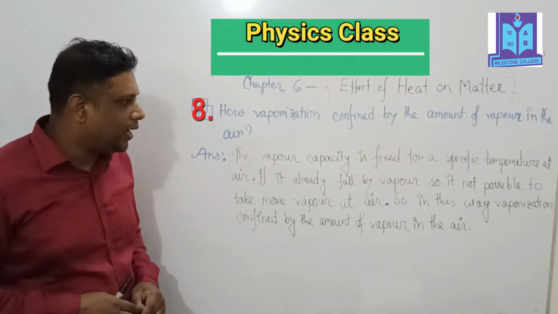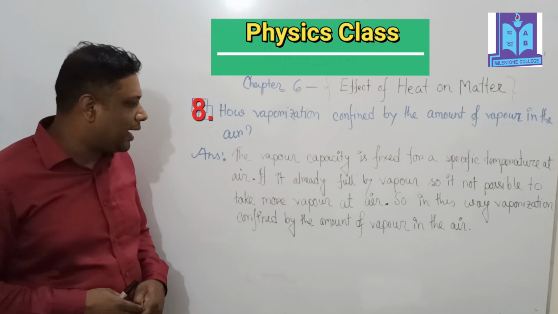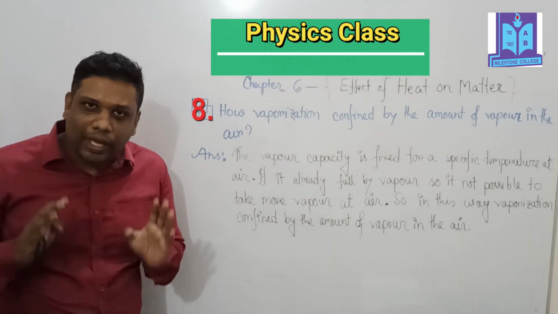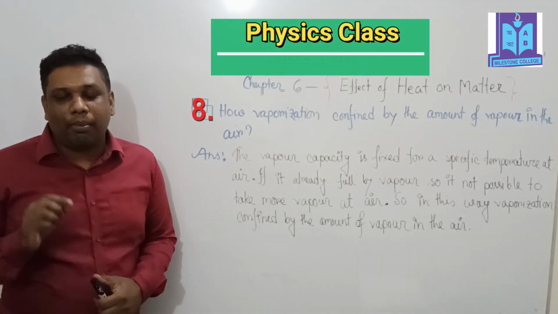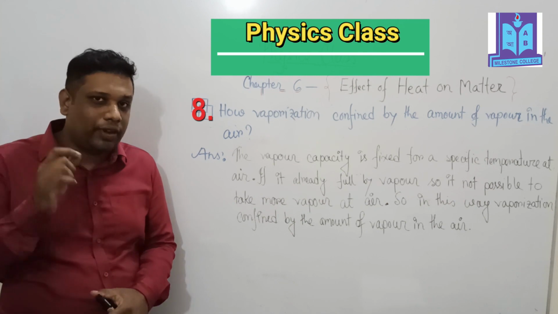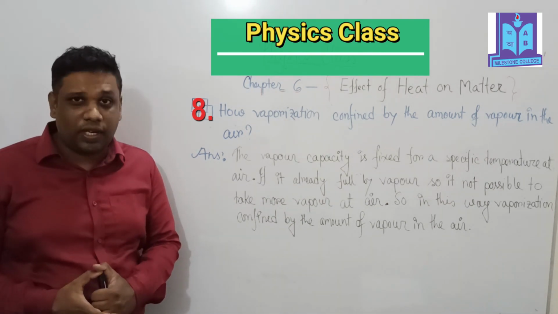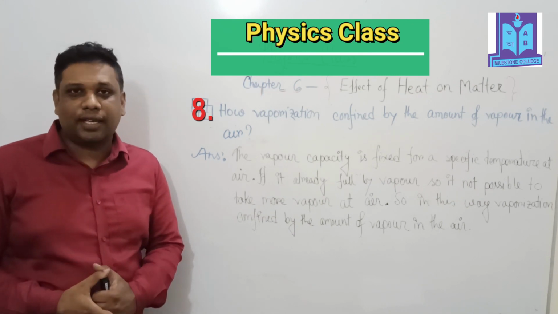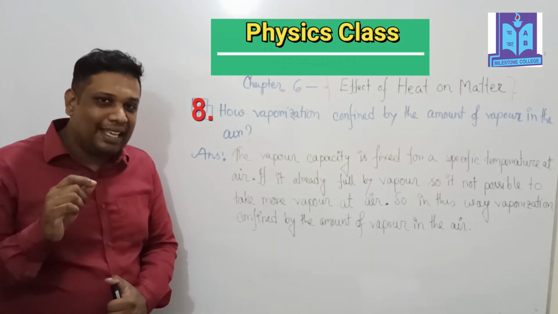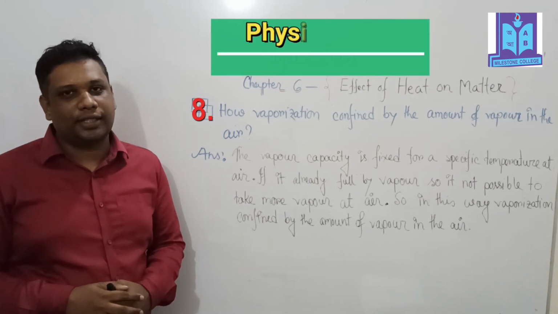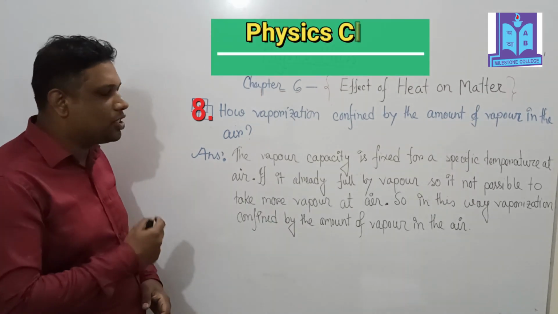So in this way, vaporization is confined by the amount of vapor in the air. We have to know that the amount of vapor in the atmosphere or air is fixed for a specific temperature, my dear students. When we are giving the answer, we have to mention this line very carefully for our perfect answer. So this is the answer to this question.